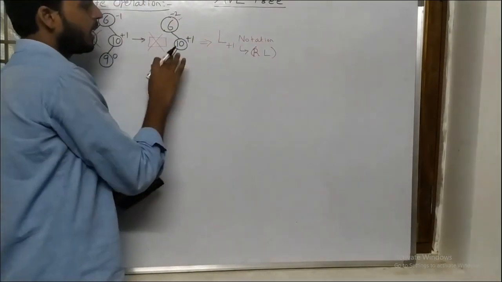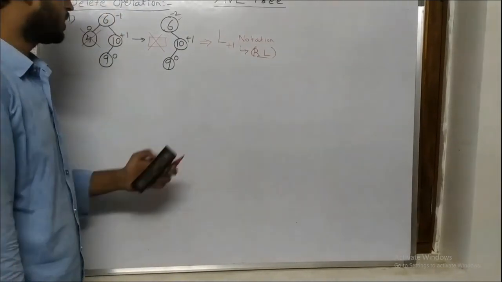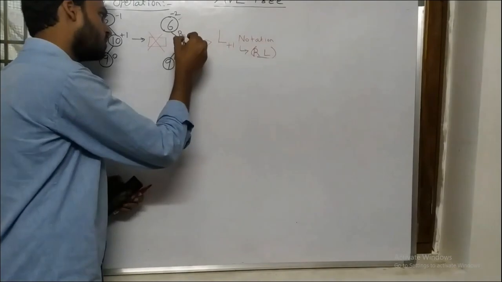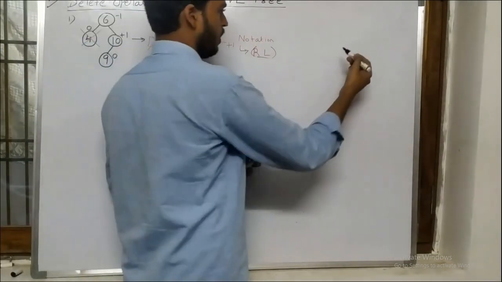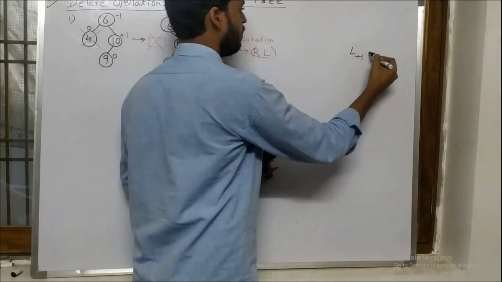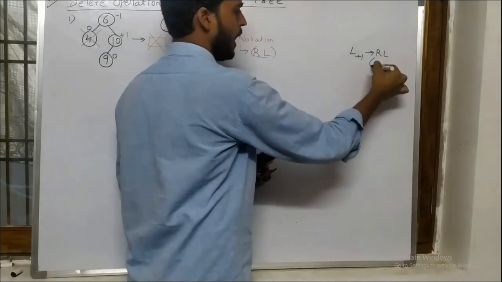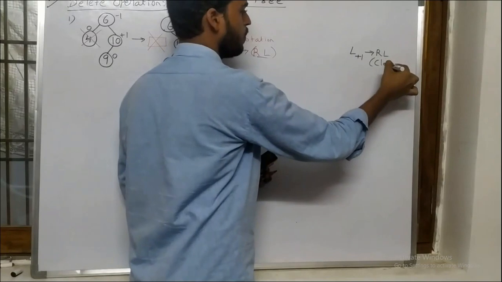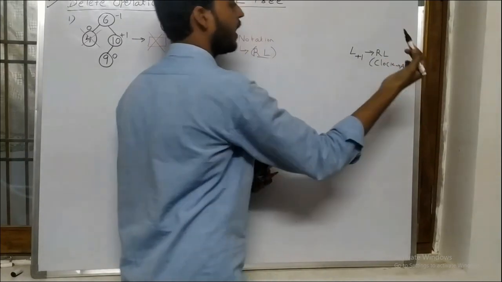Clockwise and then anti-clockwise is performed in RL rotation, that we have seen. When we are deleting, we may get L plus 1 notation. At that time, we need to make RL rotation, which means first we perform clockwise, then anti-clockwise.